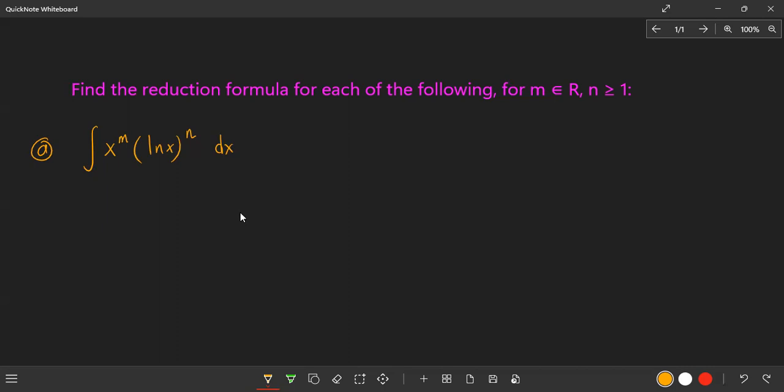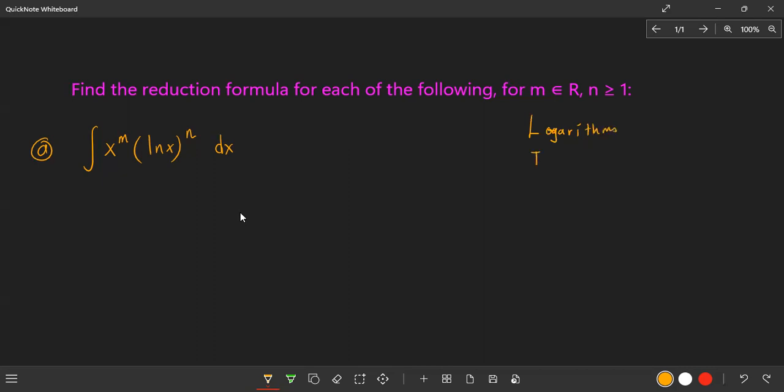I always say this, you have to follow this order, and this order here is very important when it comes to choosing the function you are supposed to differentiate. The first one, logarithms, have the first priority.